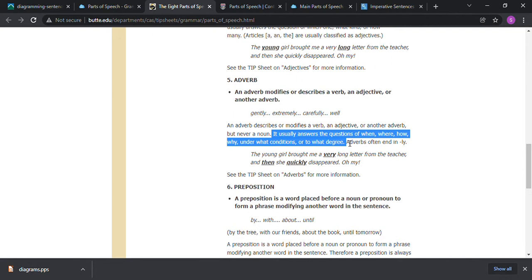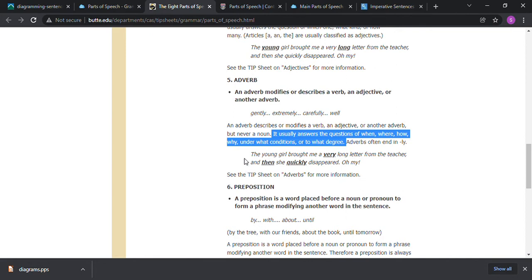Adverbs often end with ly, so you can have them make a poster about adverbs and put when, where, how, why, under what conditions, or to what degree, and they end with an ly. See, I think that when we were students, usually it just said when, where, and how, and the ly. But you can have them create a poster so that they can understand.